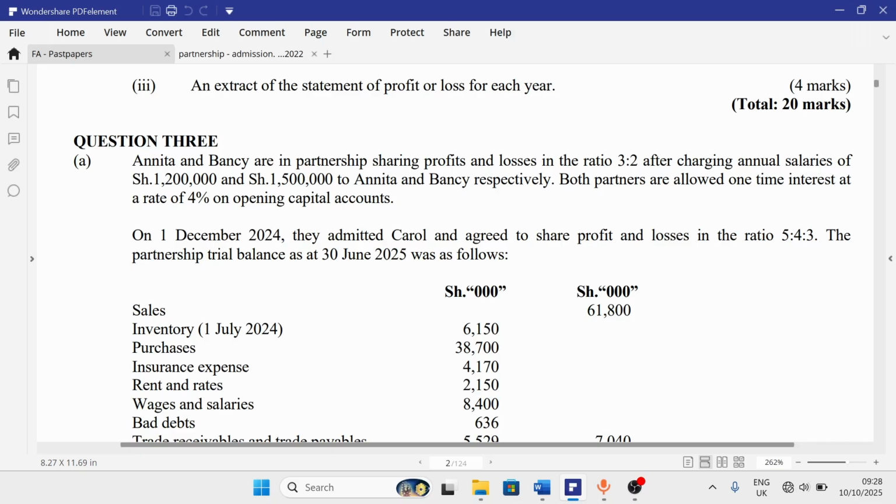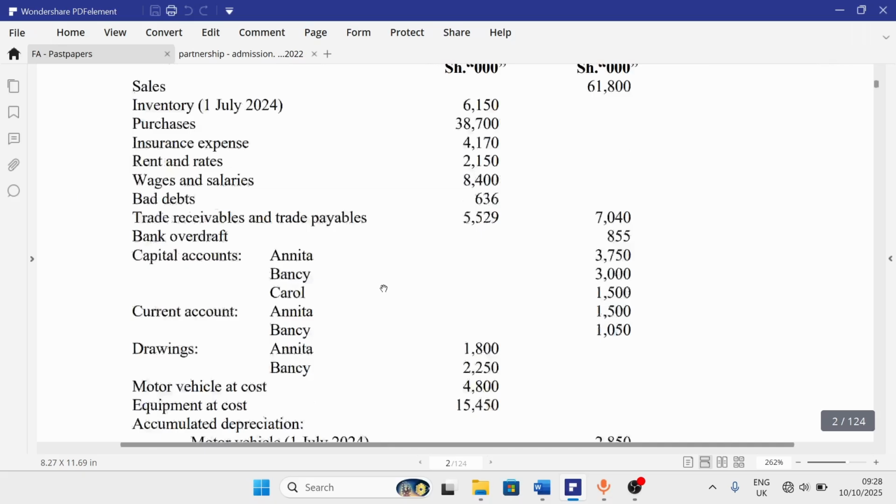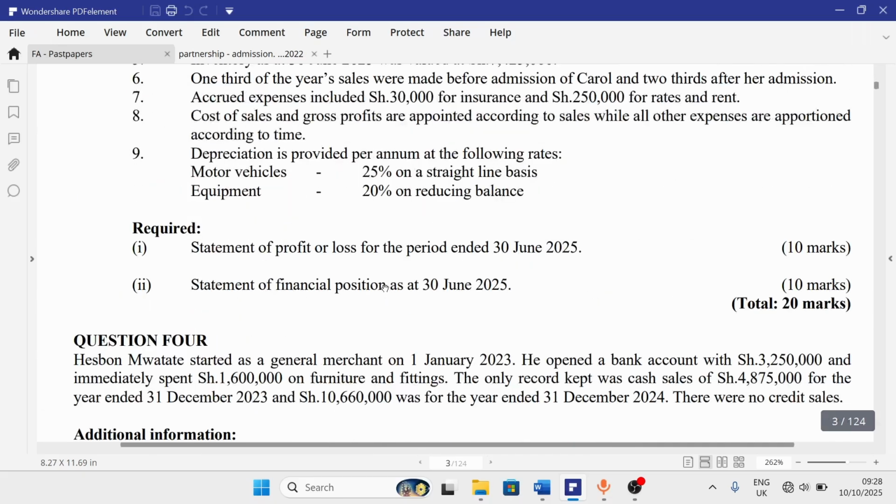So now let us check the date when we are preparing the financial statements. That is the end of this financial year. So if you go to the required part, we are required to prepare statements for the period ended 30th June 2025.